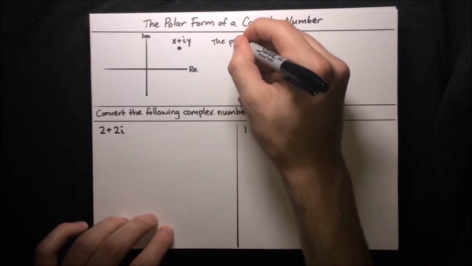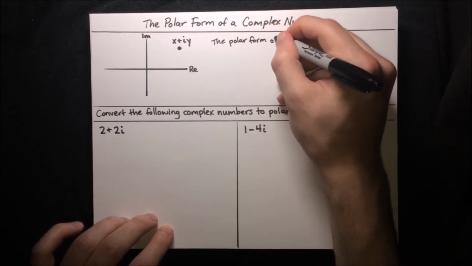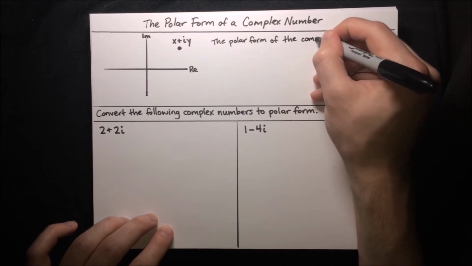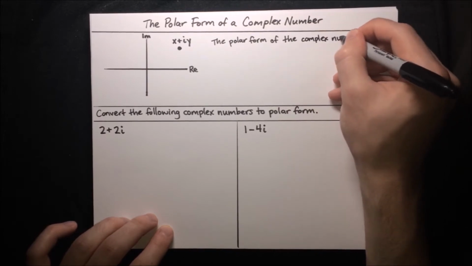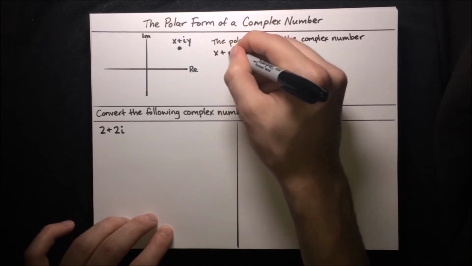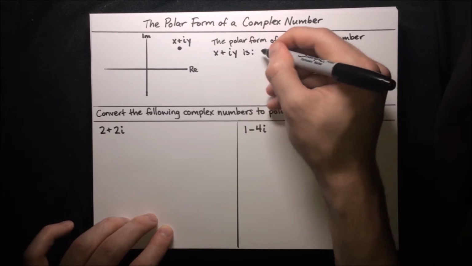The polar form of the complex number x plus iy is as follows.